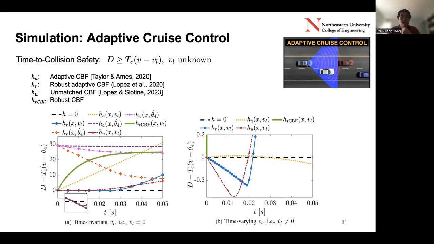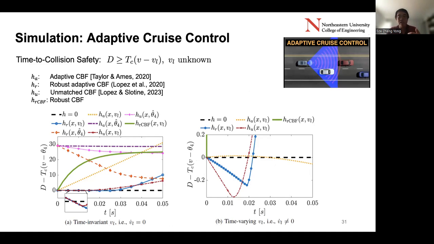Here is a simulation example that we did for adaptive cruise control. It might be a bit hard to see, so we zoom in a little bit and show that the adaptive methods, the blue and the red one on the right figure, dip under the safety conditions.